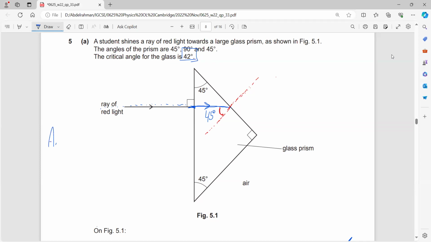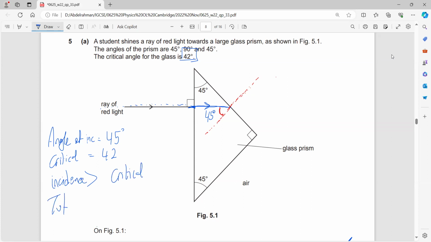The angle of incidence equals 45. The critical angle equals 42. Whenever the angle of incidence is greater than the critical angle, what happens? Total internal reflection.